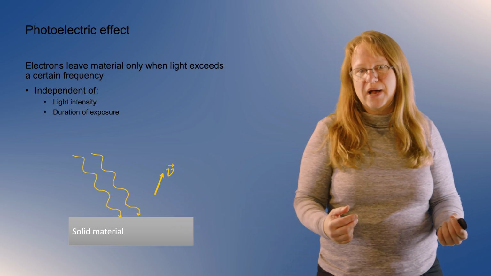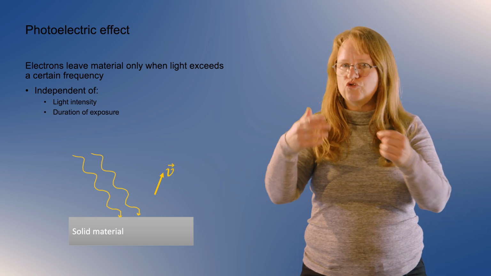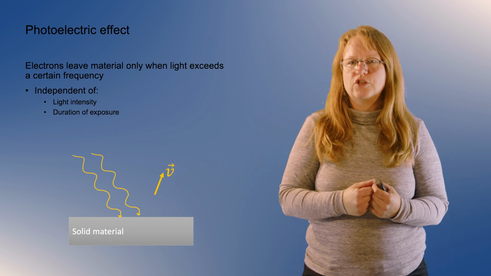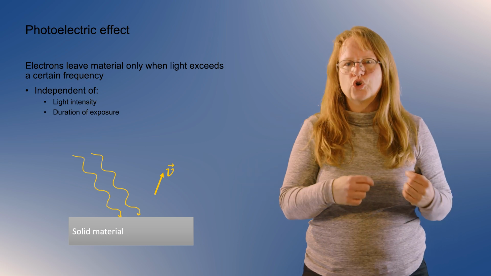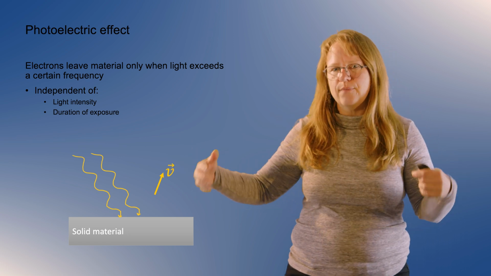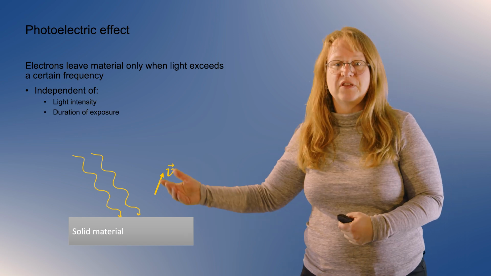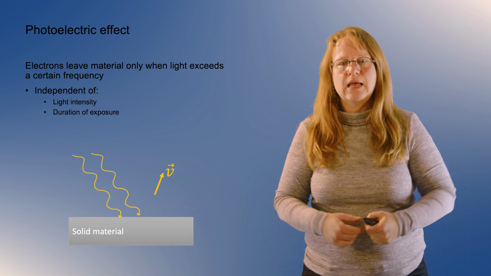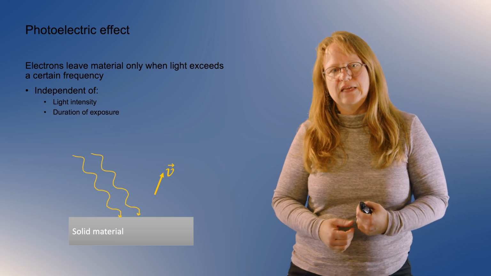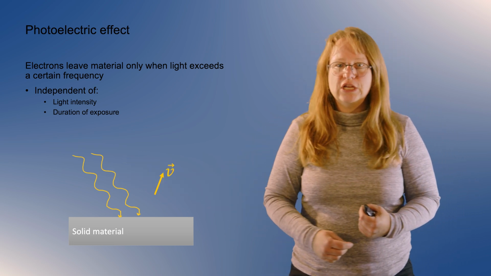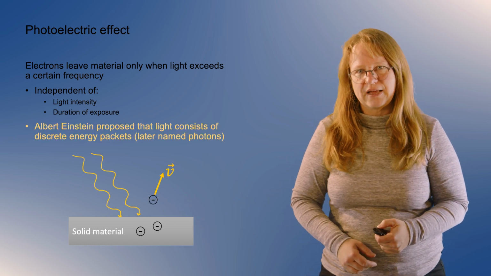So this was really puzzling, because if you think of light as an electromagnetic wave, it transports energy, and because of that you would expect, well, you can either have a high intensity for a short time, or for a long time a lower intensity of light coming in, and something should happen with this photoelectric effect. But the observation was that only if the light radiation here exceeds a certain frequency do we observe the photoelectric effect.